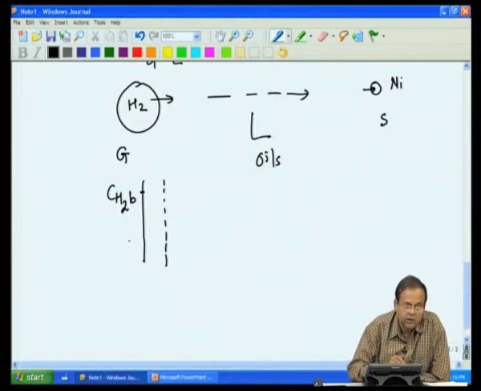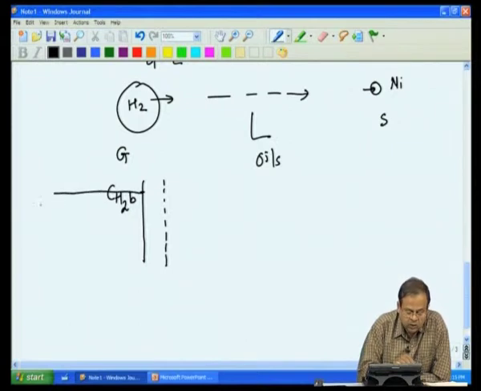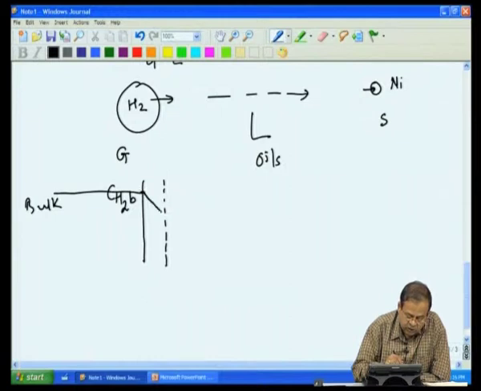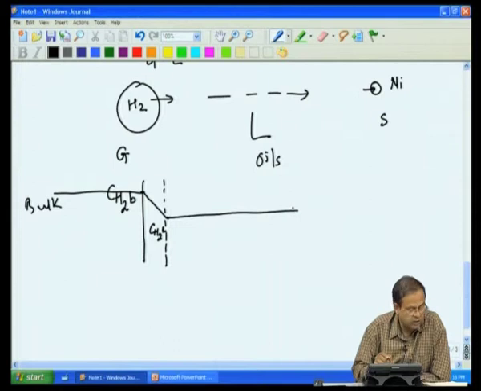I am going to neglect the gas side mass transfer resistance and assume that the concentration in the bulk is the same as the concentration at the interface. Then due to mass transfer at the interface, the concentration drops down, and let us say that this is my concentration C2L in the liquid.